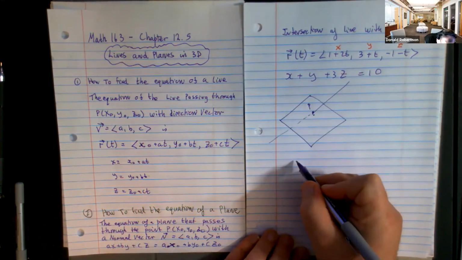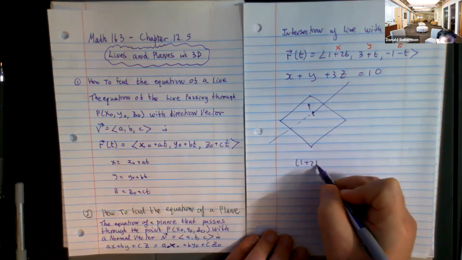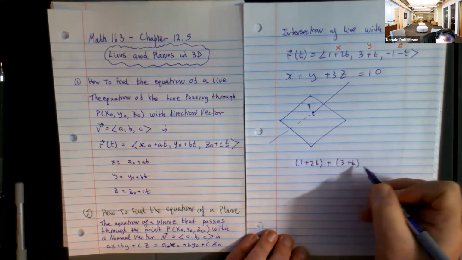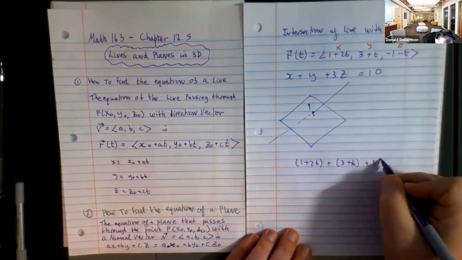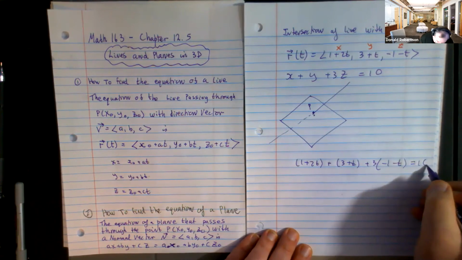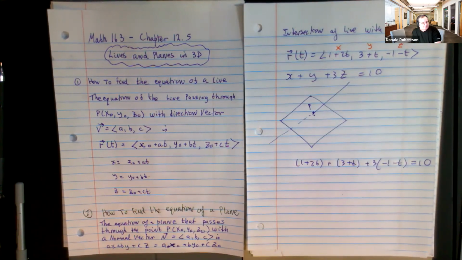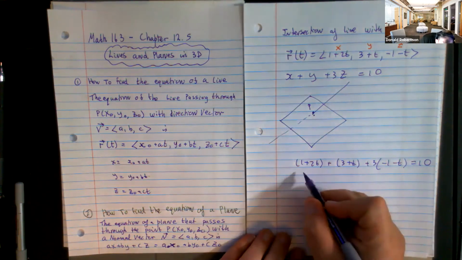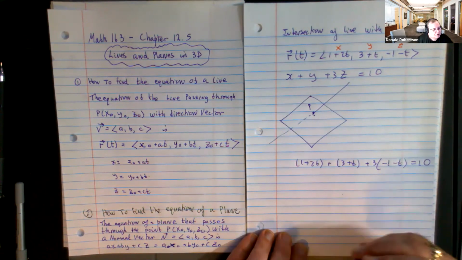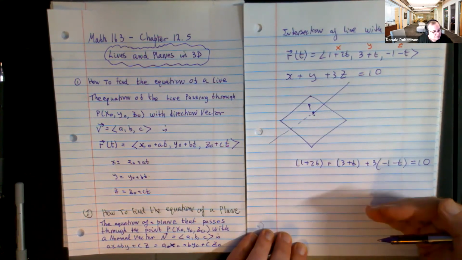So instead of x, it's going to be 1 plus 2t. Instead of y, it's going to be 3 plus t. And instead of 3z, it's going to be 3 lots of -1 take away t. And because it's on the plane, it's equal to 10. Essentially it's substitution, really. Now I'm going to have an equation in t, but that's okay, because you can solve an equation if there's only one variable.